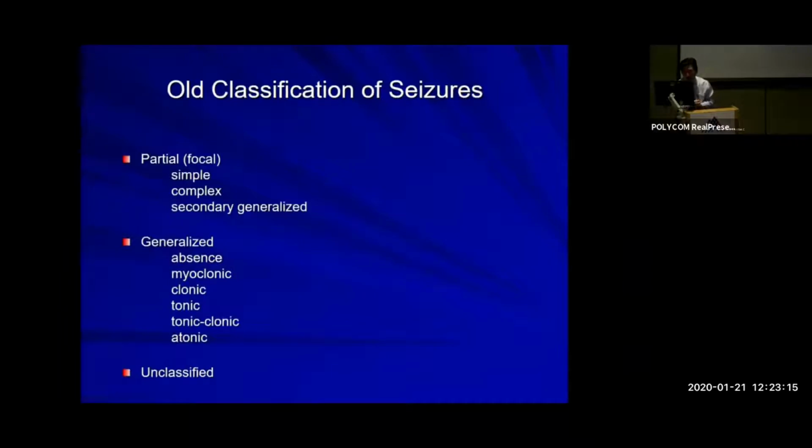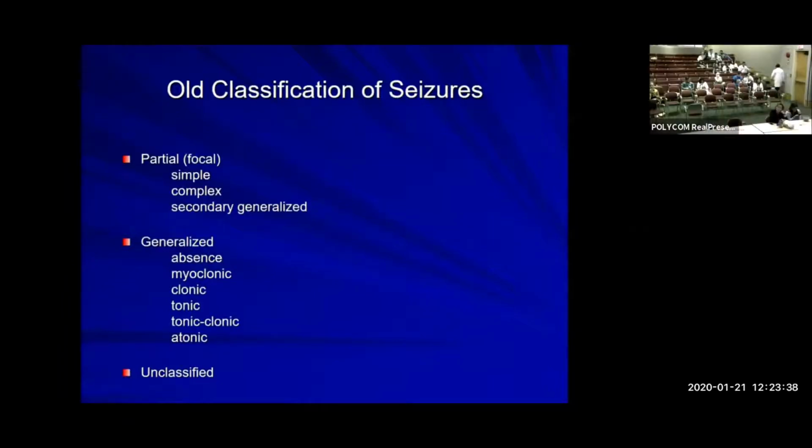Okay. Now I'm going to go through this quickly and then go in more detail in a few slides, but I feel like I have to go through both because there's been a change in terminology when it comes to seizures and epilepsy. So before, seizures were split into what we call partial, sometimes called focal seizures, and generalized seizures. And it depended on how that electrical abnormality began and where it began in the brain.